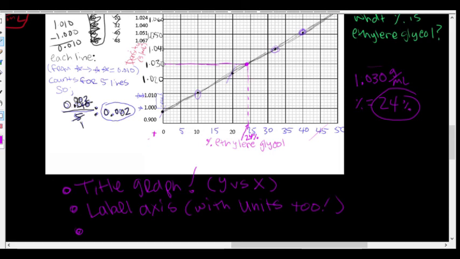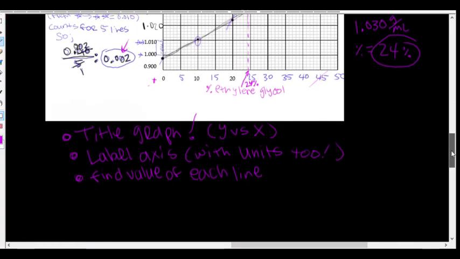You want to label your axes, and then you want to find the value of each line. By that I mean how we figured out that these go by 0.01 and the little lines go by 0.002.